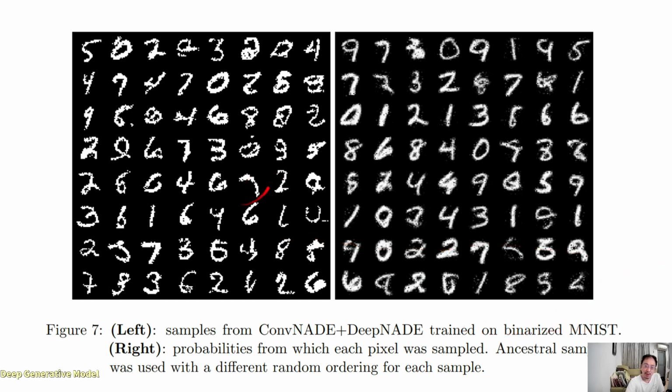The left one is the generated sample, and the right one is the probability, just like what we have seen for the fully visible sigmoid belief net. Pretty much the same thing can be done if we replace the belief net with an MLP or a convolutional neural network.